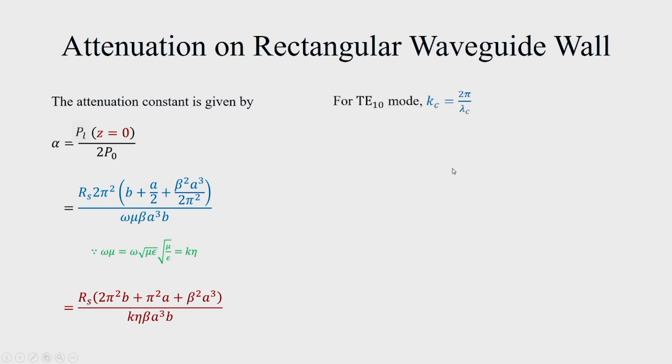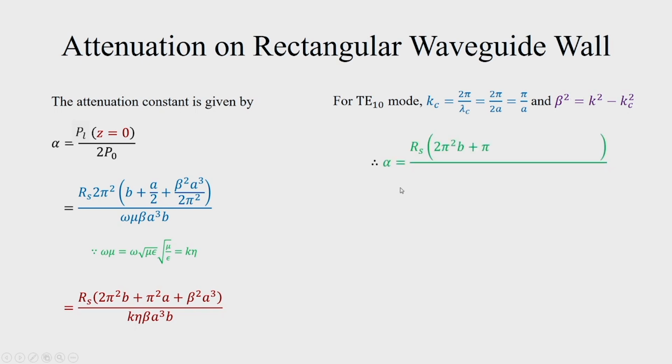Now, for TE10 mode, the cutoff wavelength lambda_c is related to cutoff wave number k_c as 2 pi by lambda_c, and lambda_c is 2a. So, k_c can be written as pi by a, and we know that beta squared is equal to k squared minus k_c squared.